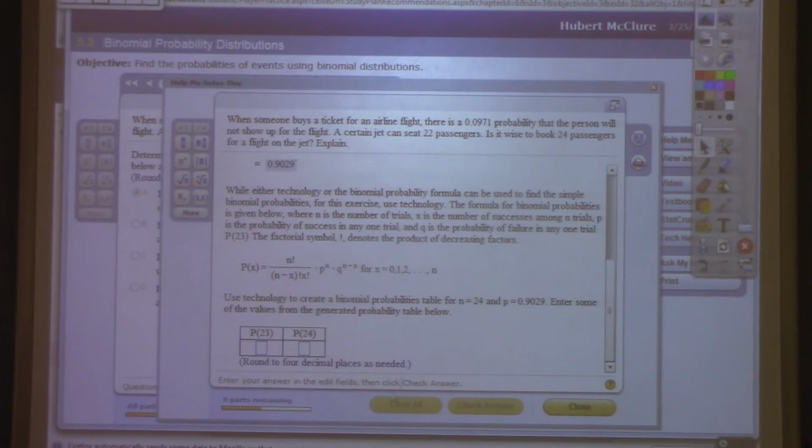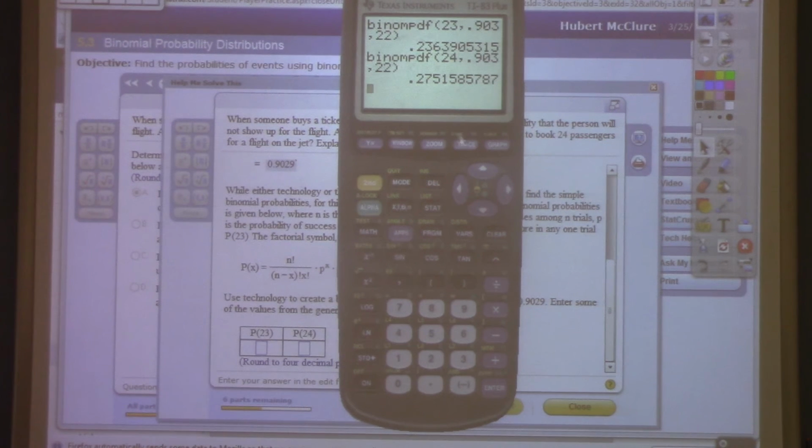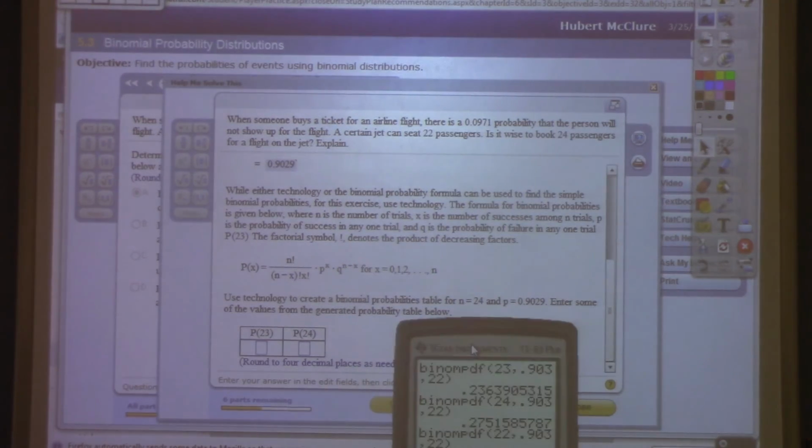Okay, so let me do it again. I thought we did that. We did it both ways. So 22, second function, entry. I think we should quit. 22. And x is equal to, or did they say n? You said n's equal to 24.